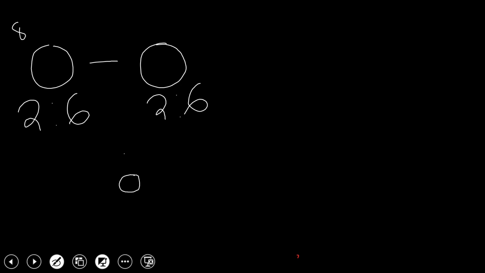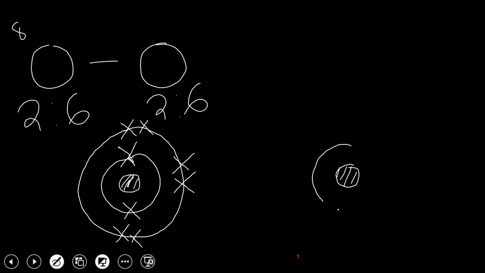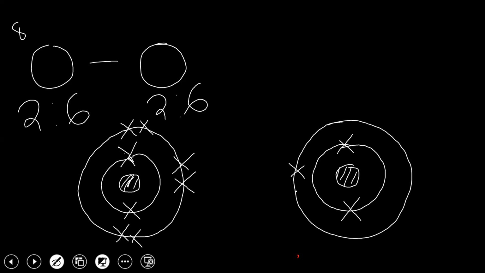If this is the nucleus, the inner shell is going to take 2, then the other shell is going to take 6. Then this oxygen atom is going to do the same. If this is the nucleus, the inner shell takes a maximum of 2, then the other shell takes 6.